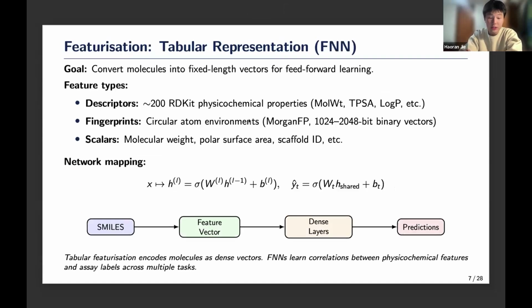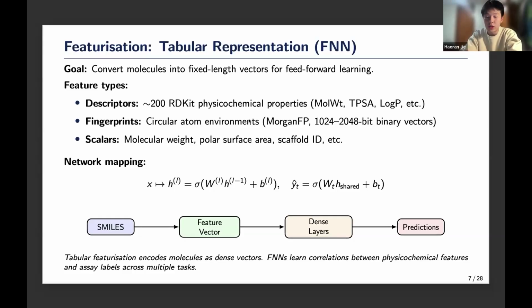Next up, we have featurization. So once we have the data, next is to extract features from the data. When we consider molecular machine learning, the difference from traditional machine learning is that in traditional machine learning you have datasets already populated with features.